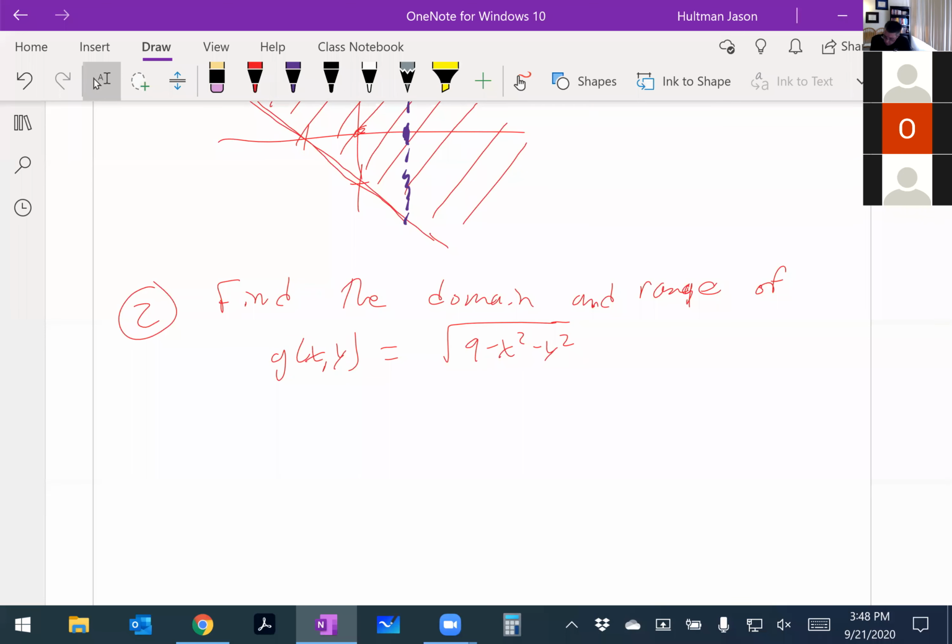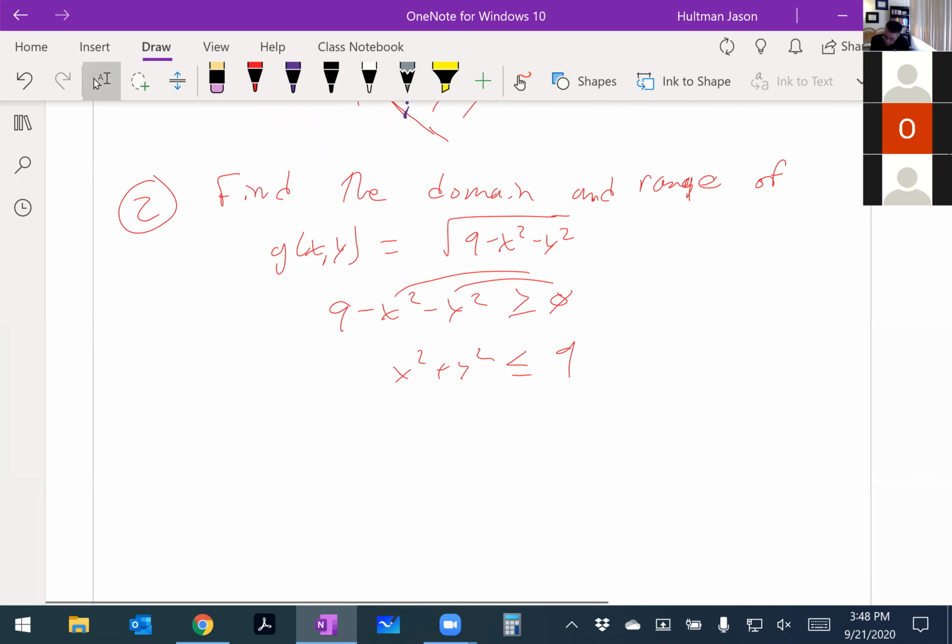Okay, so what can we not have under the square root? Well, once again, we cannot have a negative, non-negative. So that means that 9 minus x squared minus y squared has to be greater than or equal to 0. Okay, so if I get this in a form that's more familiar, if I toss these to the other side, I would get x squared plus y squared is less than or equal to 9.